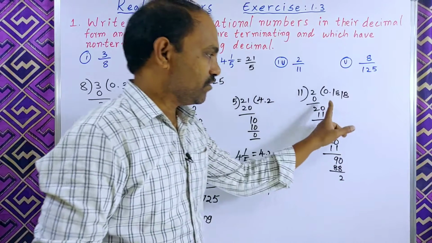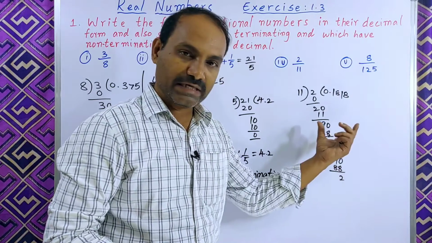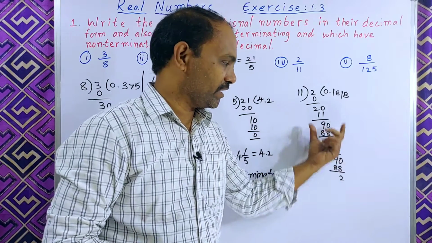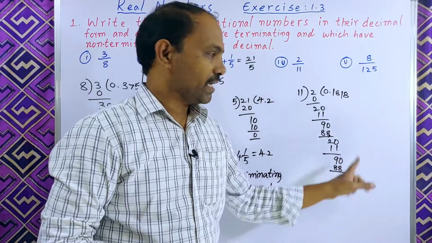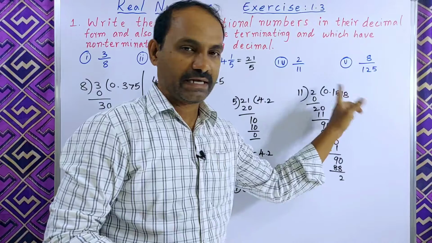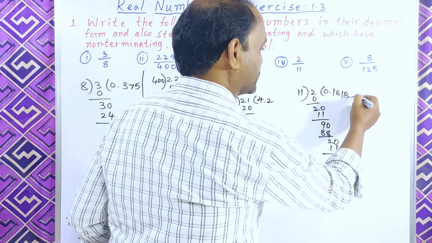Here look, 1818 is repeated. It is non-terminating. Why non-terminating? The remainder never comes 0. And here in the decimal expansion 18 is repeated. That's why this one is a non-terminating repeating decimal.